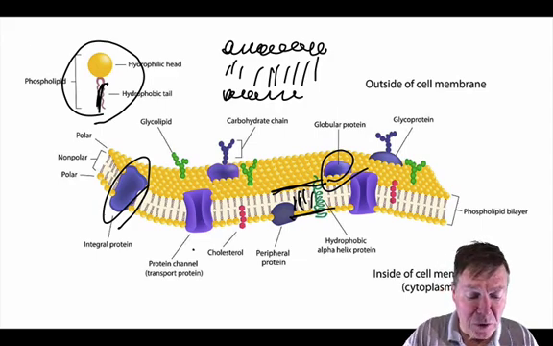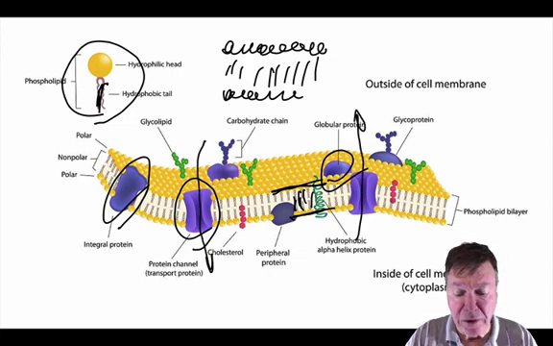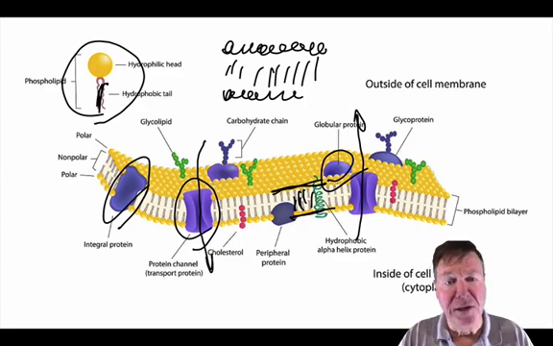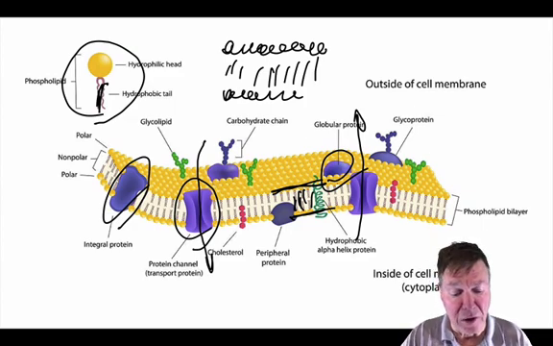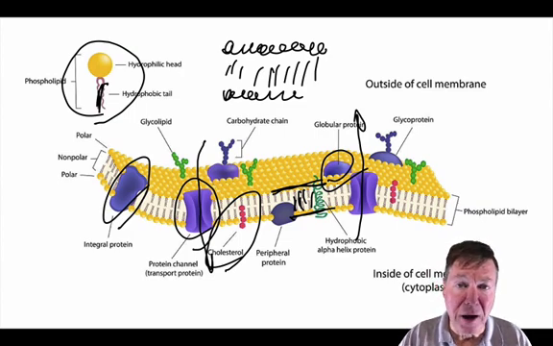And then you have the channel proteins, which you can see. There's a hole. This is a cutaway. There's a hole for something to go into, or it could go out of the cell. There are other things, and this diagram is actually pretty accurate. There can be cholesterol and things like that, like right here, that are part of the cell membrane, but we're not going to talk about that.